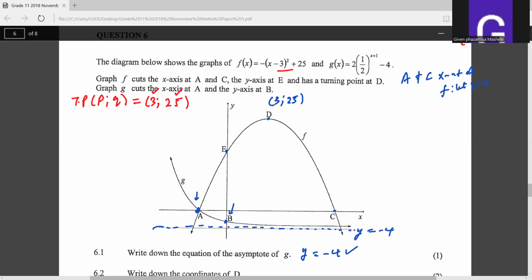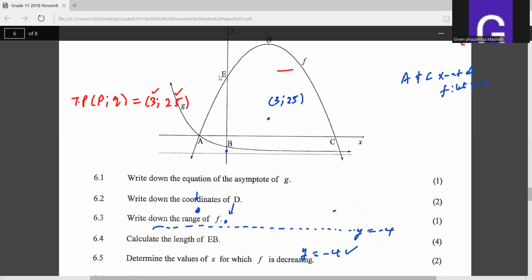So the first question asks for the equation of the asymptote of g. We got the answer as y equals negative 4.